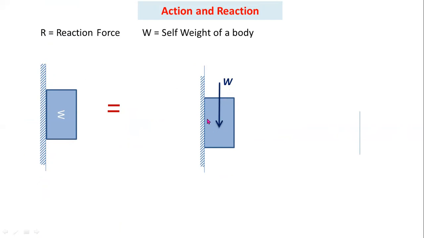And here there is a contact between the block and the vertical wall. Here the support is vertical, so you have to consider a horizontal reaction force. Reaction force always makes an angle of 90 degrees with respect to the support. There is no change in the self-weight, and here the support is vertical, so you have to consider a horizontal reaction. This is the second case.